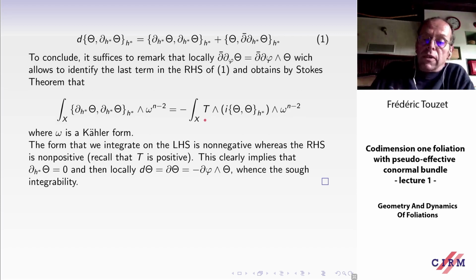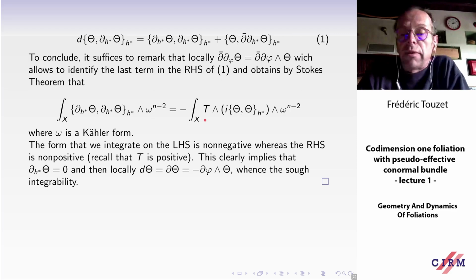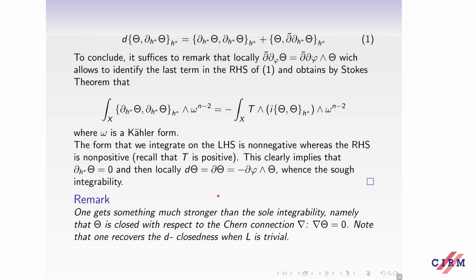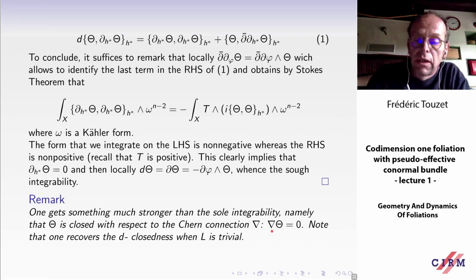But they still can make sense, and I refer to Demailly's paper to justify this equality. So as I say, and we will exploit it for later use, integrability is a consequence of the fact that theta is closed with respect to the connection related to the metric. Okay.